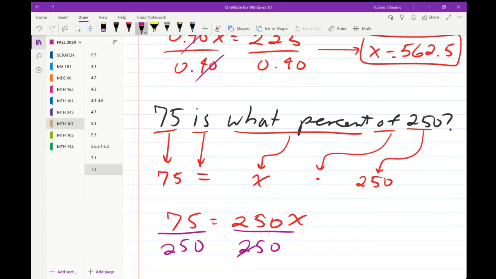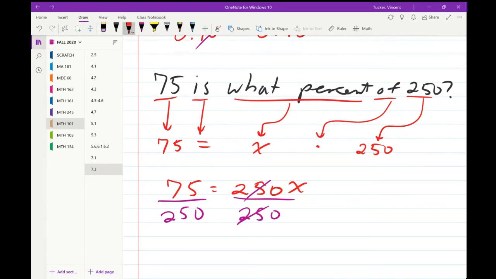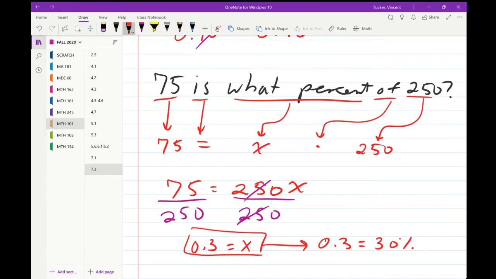Divide by 250. X is equal to 0.3. And if you want to convert it back to a percent, move your decimal two places to the right, or basically multiply by 100. So Connect Math will let you know whether they want it as a decimal or in percent form.